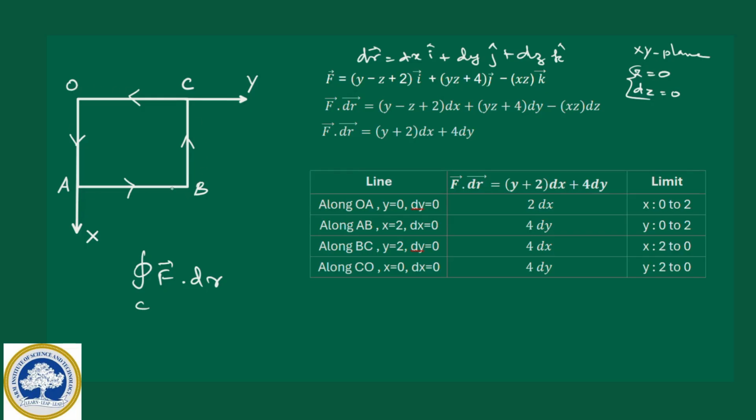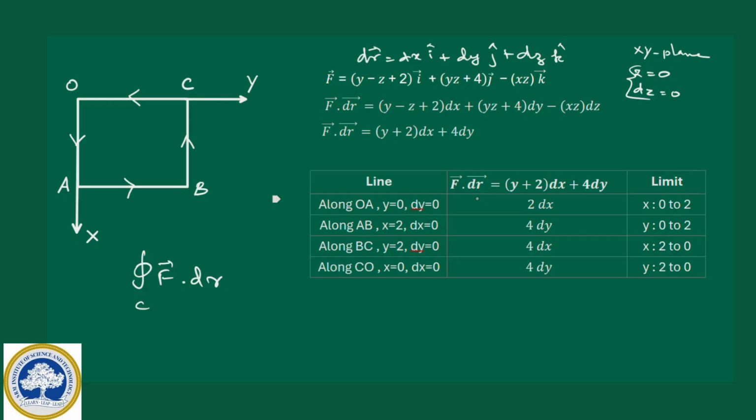So it will be a closed square curve. Along these 4 different straight lines, we have to calculate the line integral f dot dr. First, consider the line OA, which is exactly the x-axis where y is equal to 0. So here y is equal to 0, which means that dy is also 0, right?